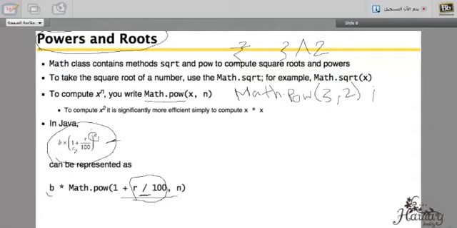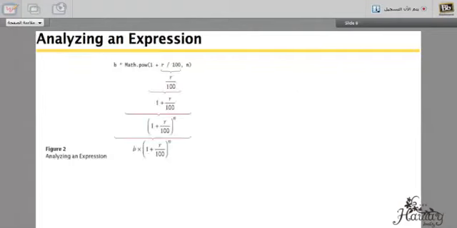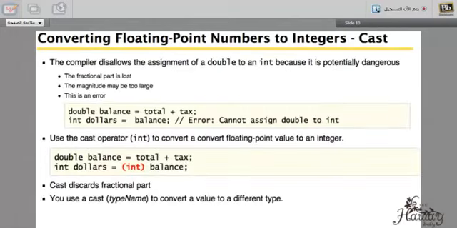After adding the 1, we will do the power, because the power sits just outside the bracket. So we finish inside the bracket first, and then we will do the power. And obviously, eventually, we will finish up with the multiplication. I think it's written here somewhere. Yeah, here we go. So we have the division first, then the addition, then the power, the bracket, and then we times it by the value of b.